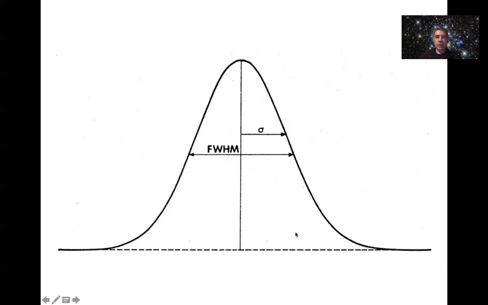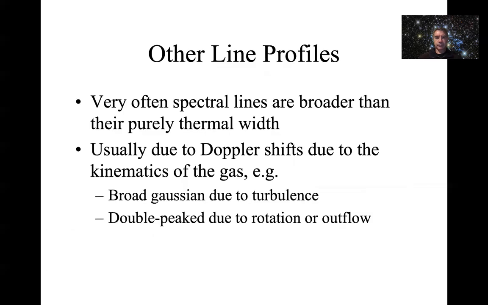Okay. So quite often in astrophysics, you do see line profiles of emission lines, or absorption lines actually, that look like a Gaussian like this. But it's probably quite rare that it's actually purely due to the Doppler broadening of the thermal motion of the molecules.